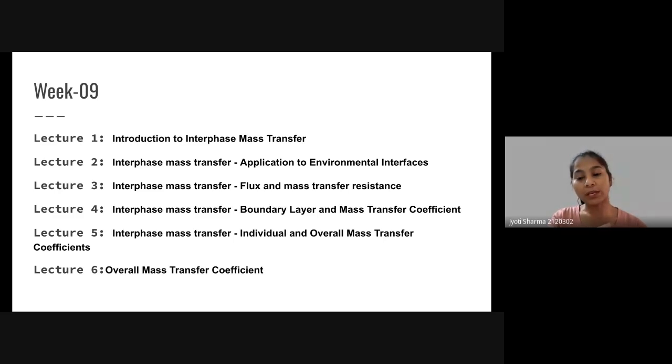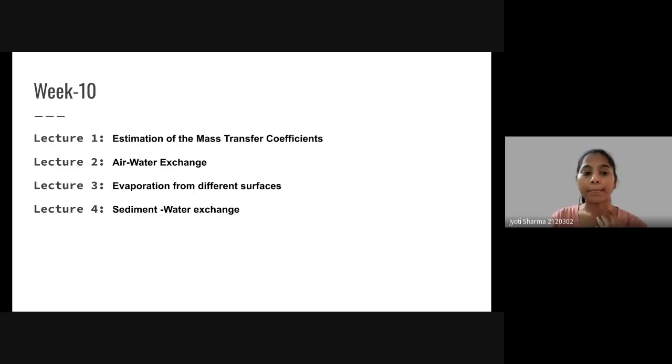So in week 9, we started with an equation that calculated the resistance at the interface, the resistance on the water side and the resistance on the air side. So we learned to calculate the resistance at both sides. This is what we learned in week 9.